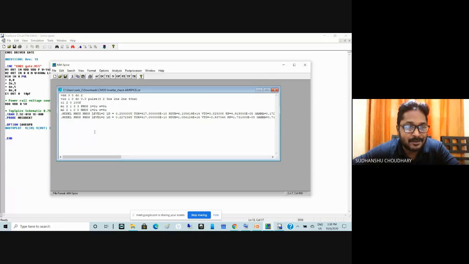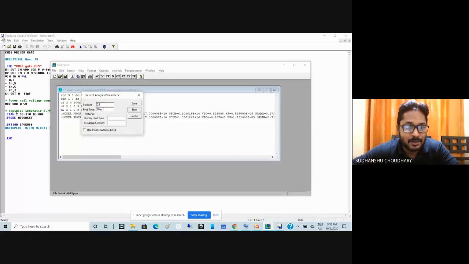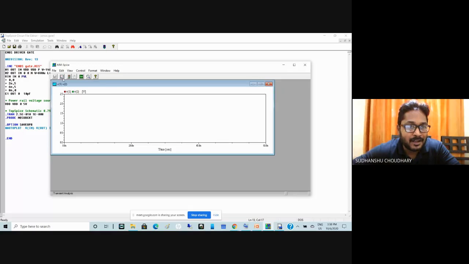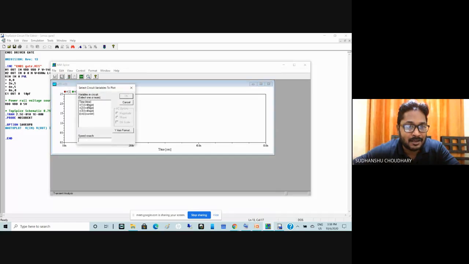Once you write this Spice code, you can go for transient response, DC or AC response. So let us say transient response. I click on transient response. I give the step size and final time when the simulation will stop, and I say run. In the run, I can also trace whatever input and output I want to trace. So let us say I want to trace the input waveform, that is the transient waveform that I had given.